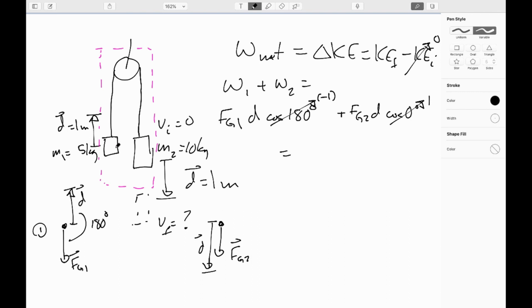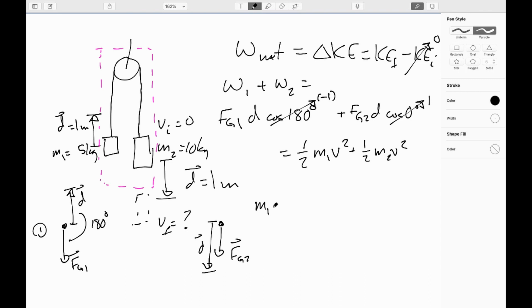Now we've got two things that are moving, so we have to write in the kinetic energy of each of the two things. So this will be 1/2 m1 v squared plus 1/2 m2 v squared. And again, we don't have to worry about the signs of v or anything like that, because all that matters is the speed.